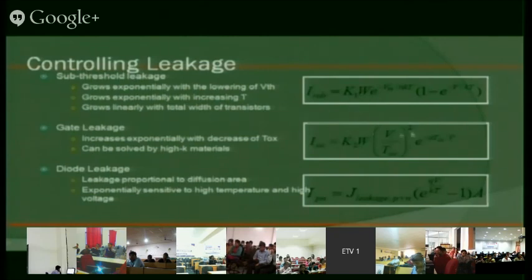These are the equations, which are not very clear here, but it is there in the PPT. We should know on which parameters the subthreshold leakage depends. Subthreshold leakage depends on the VT. It grows exponentially with lowering of VT. It also grows exponentially with increasing temperature. If the temperature increases, the subthreshold leakage increases.